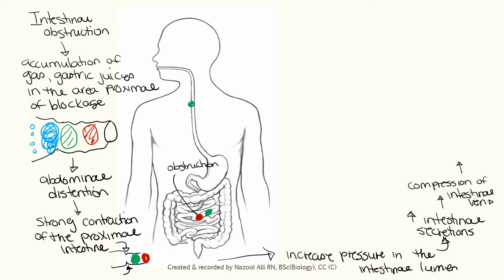So this will cause not only the veins, but also the blood supply to the intestinal wall to be compressed. And this is going to lead to fluid shifting into the peritoneal cavity, and also into the walls of the intestine, leading to edema of the intestinal wall.